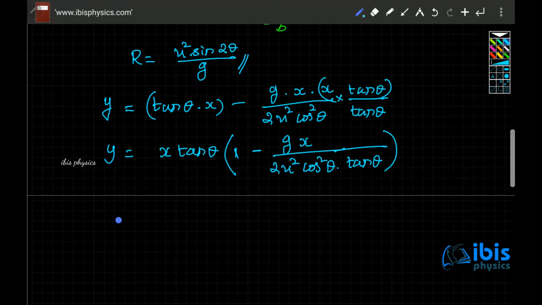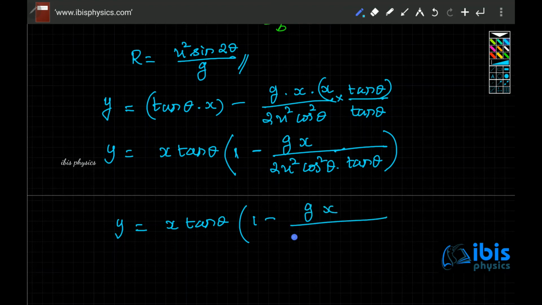But tan theta can be written as sin theta by cos theta, and cos square theta can be written as cos theta into cos theta.